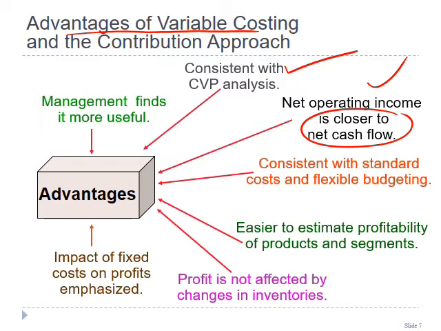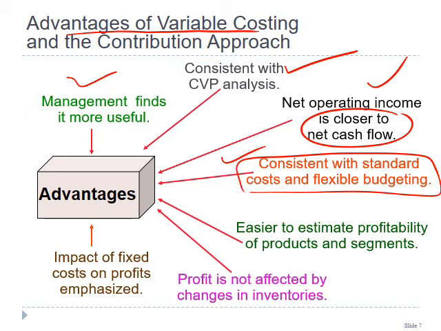So this can also be used as a base point for decision making, right? And it is consistent with the standard cost and flexible budgeting we will discuss in our budget section.